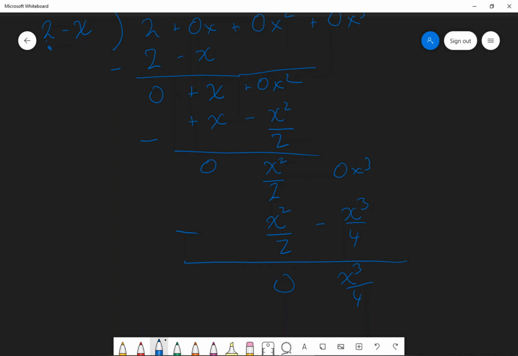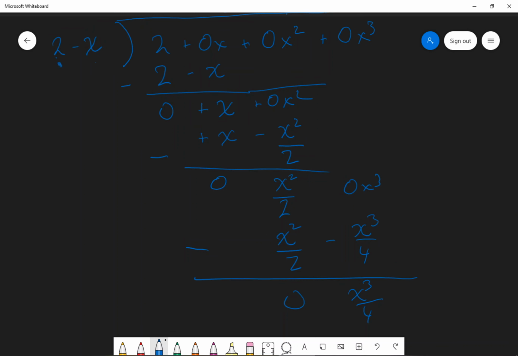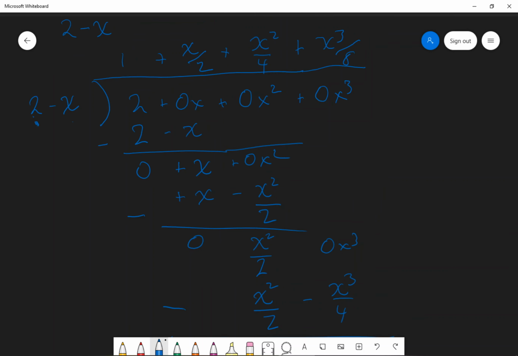Now you can say, 2 goes into x to the 3 over 4 x to the 3 over 8 times. x to the 3 over 8 times 2 is x to the 3 over 4.